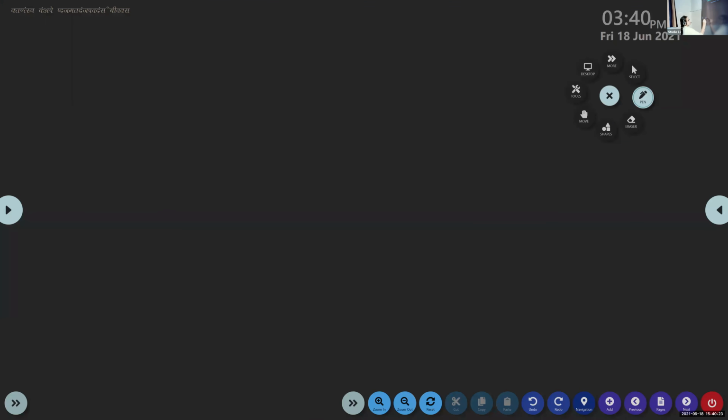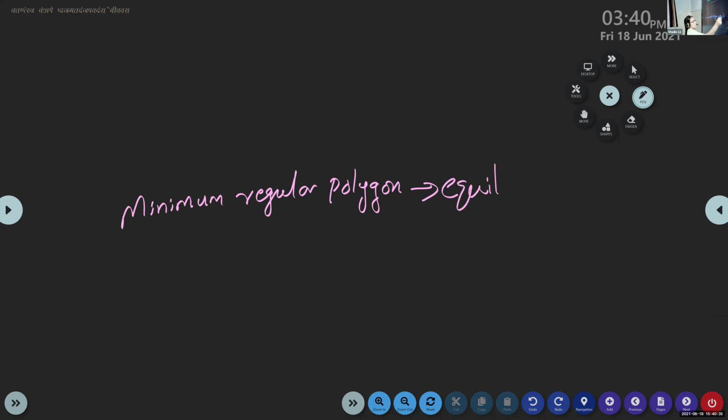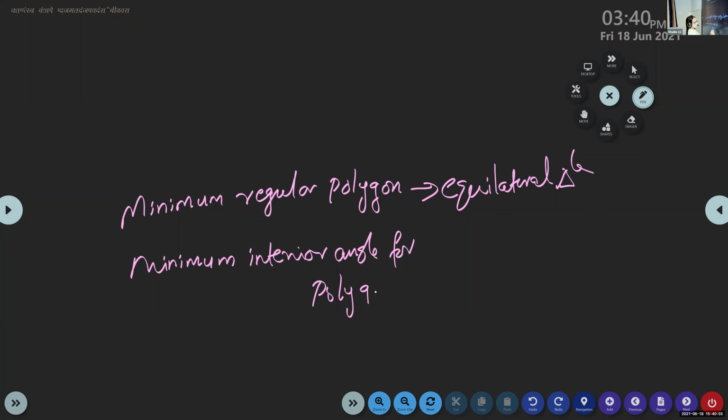The minimum regular polygon is the equilateral triangle. So the minimum interior angle for a polygon will be 60 degrees. Why? Because the equilateral triangle is the minimum polygon and all its angles are 60.